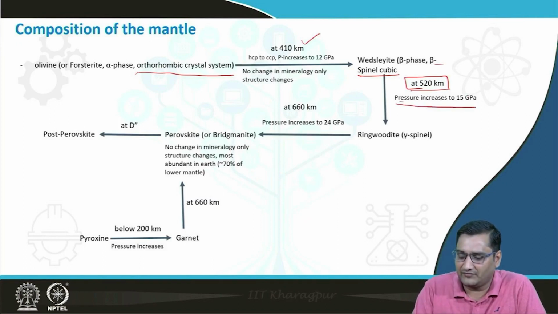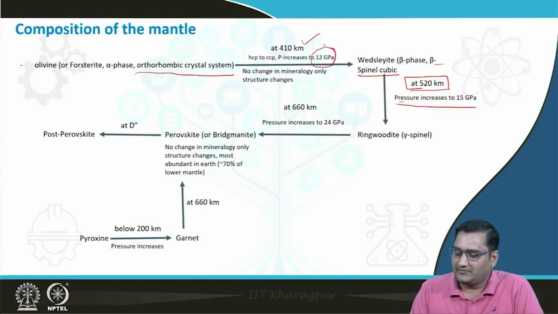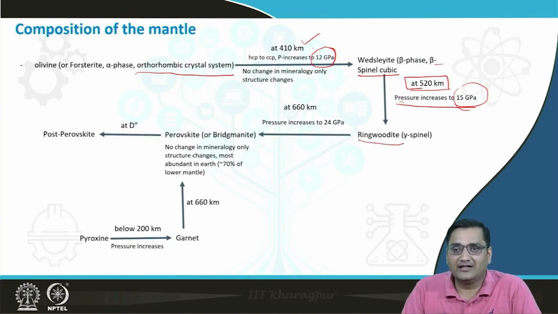If you remember, at the 410 kilometer discontinuity the pressure was 12 gigapascal, but as the depth increases, pressure increases. At 520 kilometers, the wadsleyite, that is the beta olivine having the beta spinel cubic structure, changes to ringwoodite, that is gamma spinel.